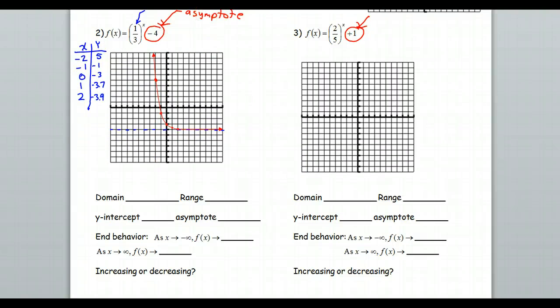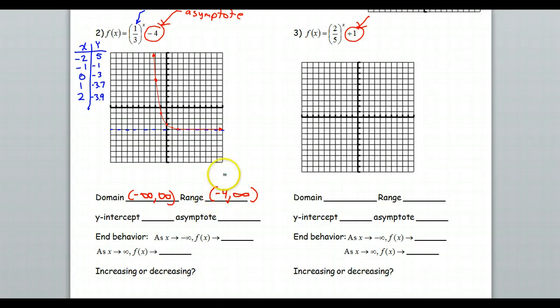Alright, we're supposed to know the domain. The domain for all of these functions is going to be -infinity to +infinity because they go left and right forever. The range, once again, there's a floor. The floor is -4, and then it goes up from there. So -4 to infinity.